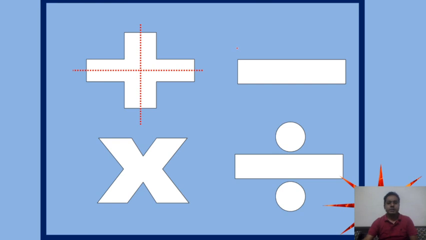Now, dear students, how many lines of symmetry? You can give an answer. There are two lines of symmetry in this shape.